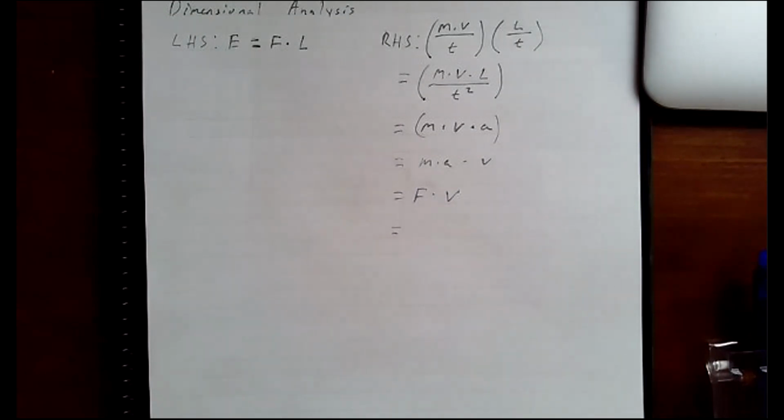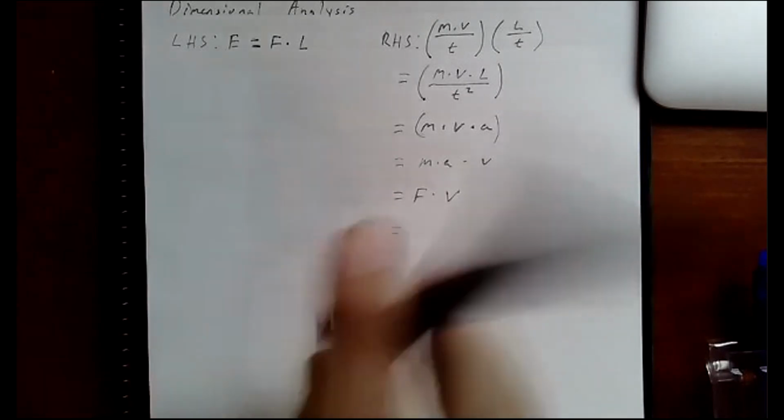Maybe there's a typo there. I think you could try, in the second step where you have that first equals, you could have M times V over T squared times L over T squared. And that L over T squared would be V, I think, right?